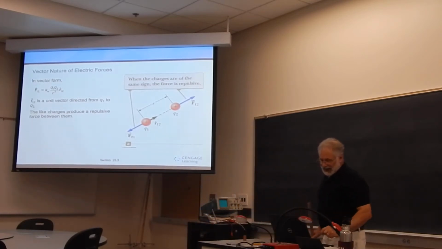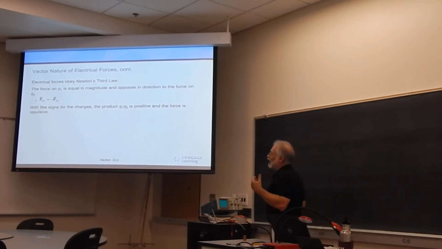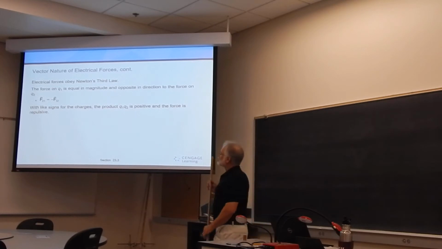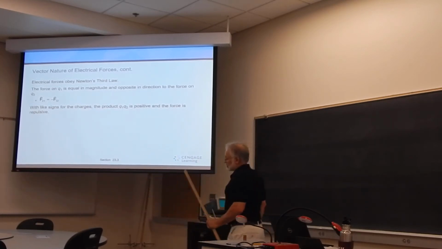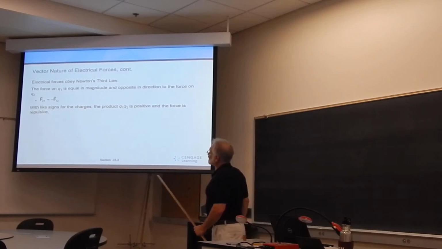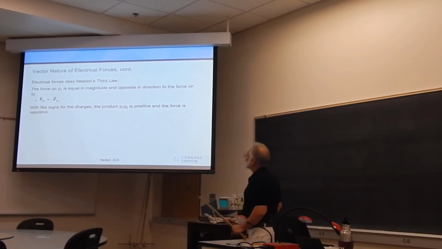And we can take advantage of the vector nature to understand how systems of charges would work. For example, the first thing we might say is that electrical forces obey Newton's third law. The force of one charge on the other is equal and opposite to the force of the second on the first.